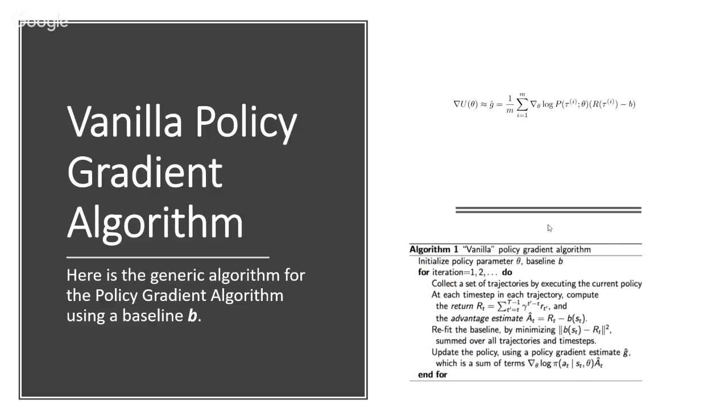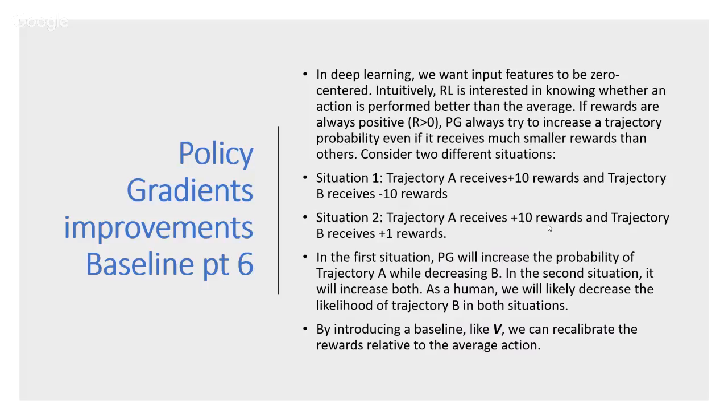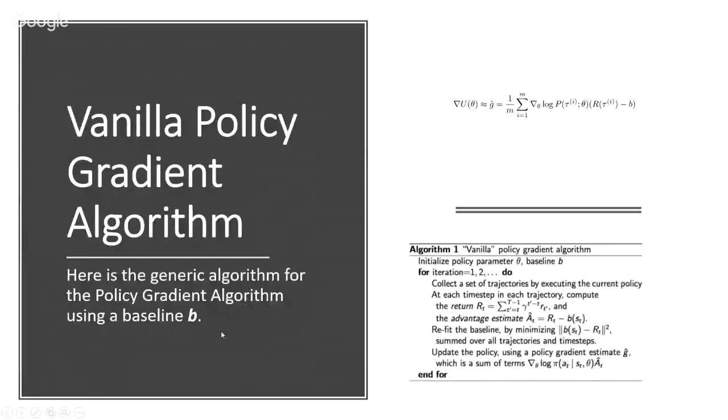So here is a generic algorithm for the policy gradient algorithm using the baseline B. Basically, we initialize the policy parameters and baseline B, and iterate over a certain number of iterations. We collect a set of trajectories by executing the current policy. At each time step in each trajectory, we compute the return and the advantage estimate.